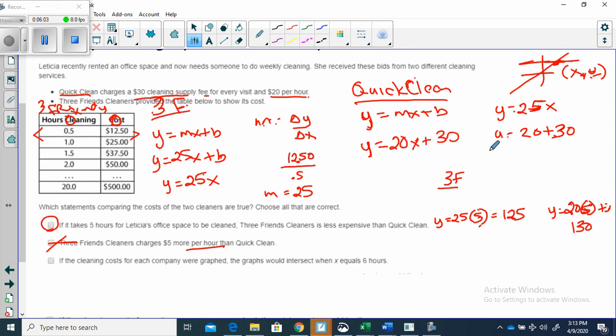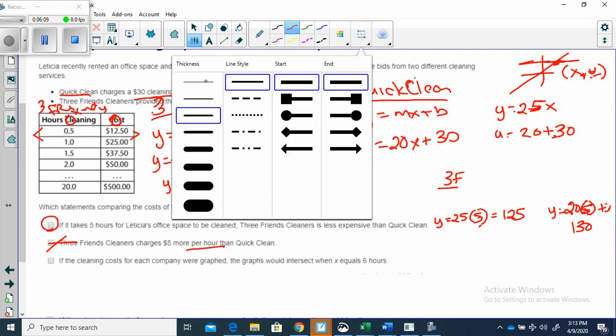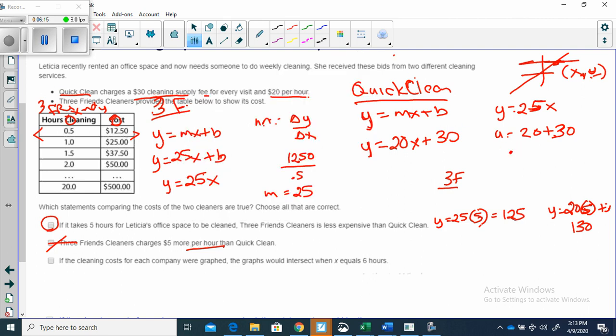Both of these are equal to y, so we can simply set this up so we can do it. 25x is equal to 20x plus 30.